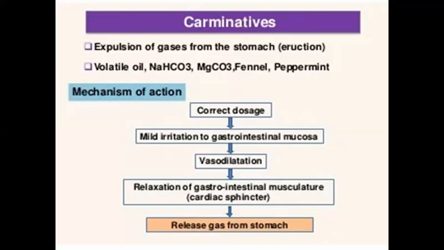Examples of carminatives are cinnamon bark, clove, coriander, anise, fennel, ginger, asafoetida. These are food spices as well as condiments. Therapeutically used carminatives are obtained from volatile oils, in the form of tinctures, such as tincture of cardamom and tincture of ginger.